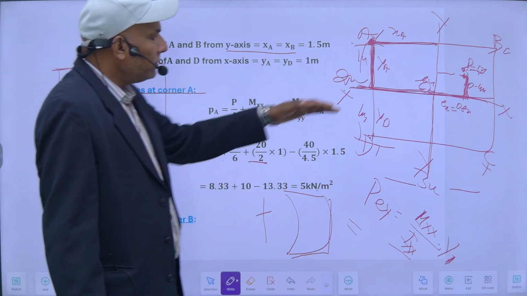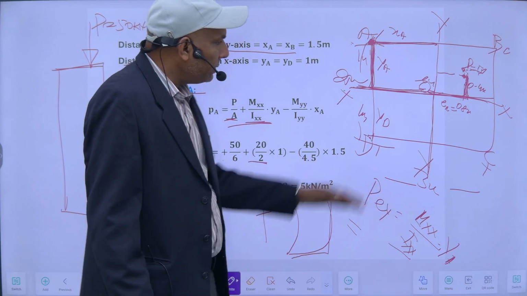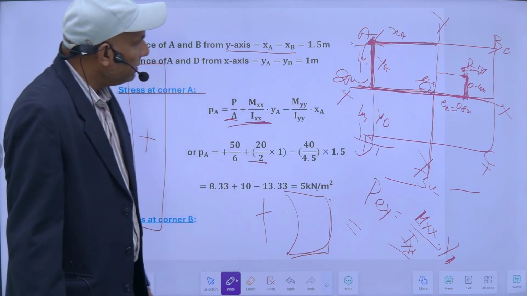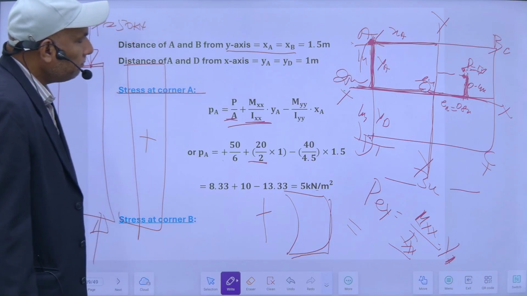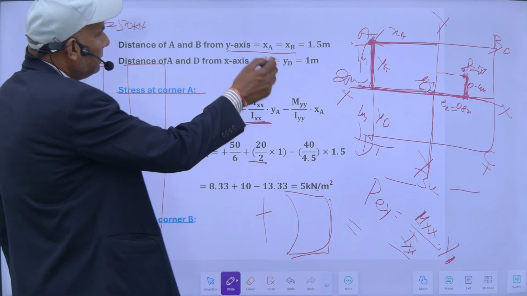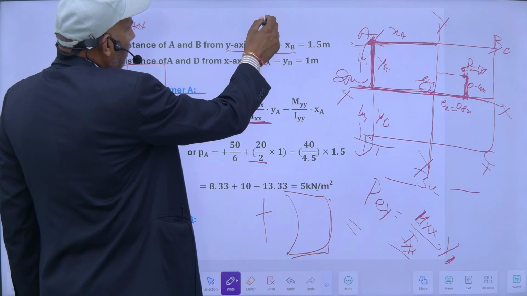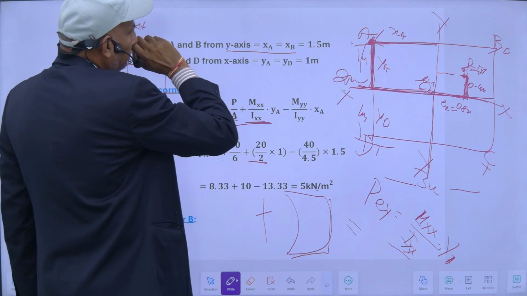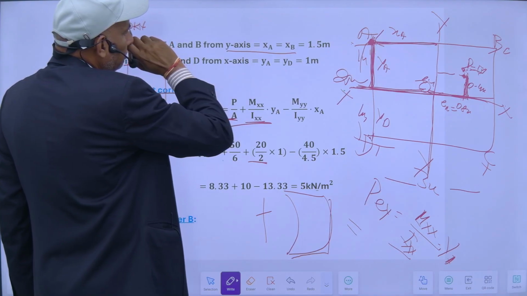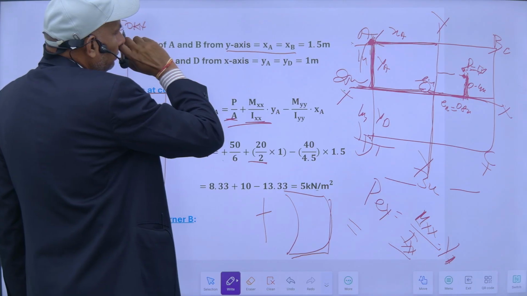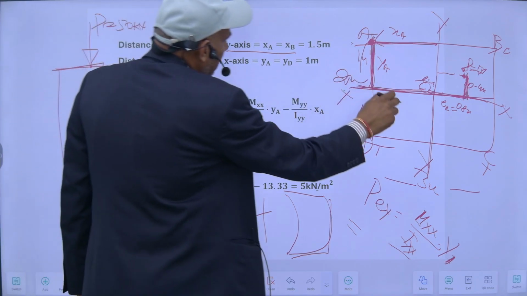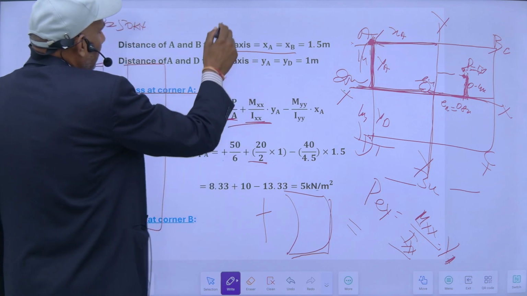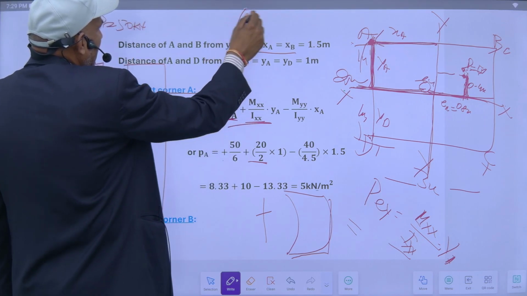If I want to draw the deflected shape about this axis, it will be like this. About this axis, x-axis, it will be like this.